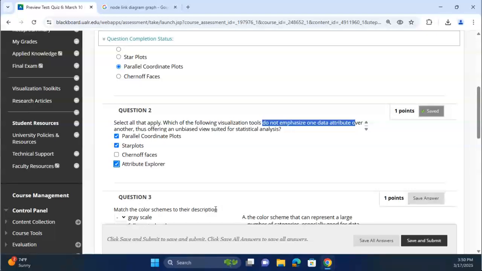So if I decide to put the salary as the size of the head and the age as the size of the eye, I'm going to be able to see variations in salary a lot more. So I'm biased towards salary.